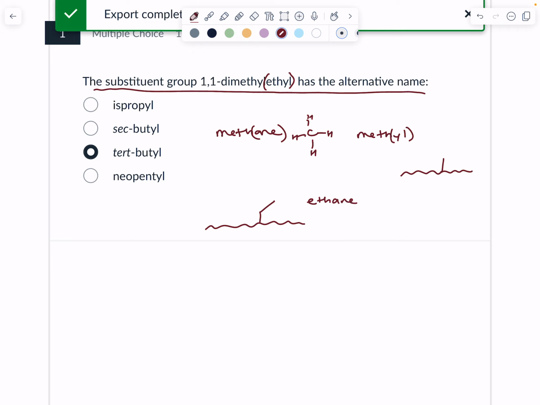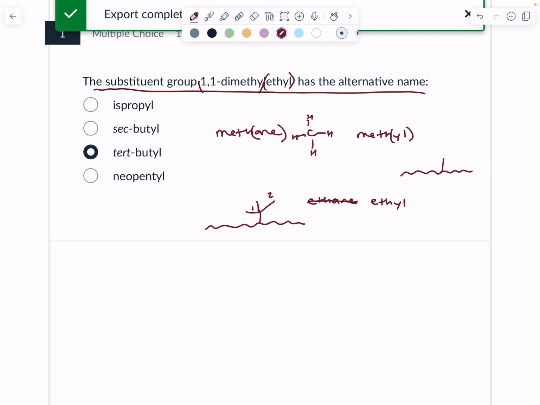But because it's a substituent, we don't call it ethane, we call it ethyl. Numbering for these parent chains starts closest to the actual parent chain. So if you're doing a parent chain of a substituent, the number starts at the first branch off from the primary parent chain. So this is the ethyl group, and then it has to have two methyl groups because we have 1,1-dimethyl, and they need to both be at position 1. So that looks something like this.